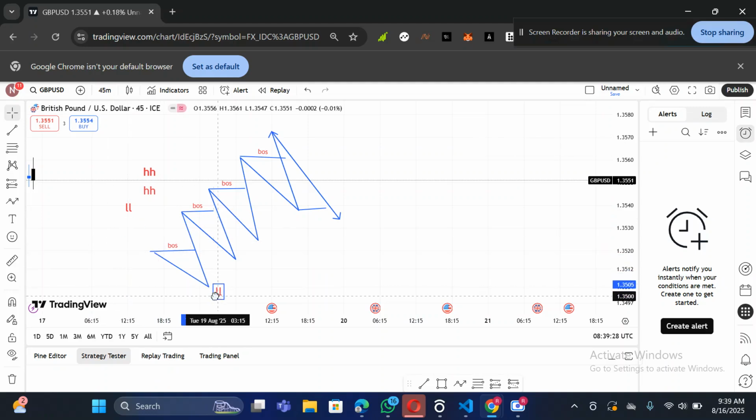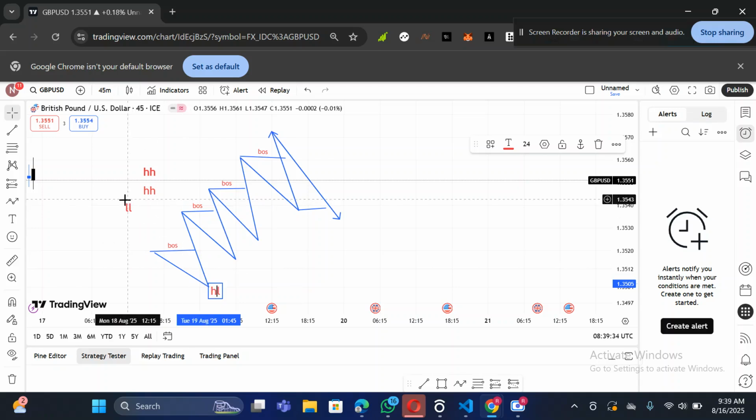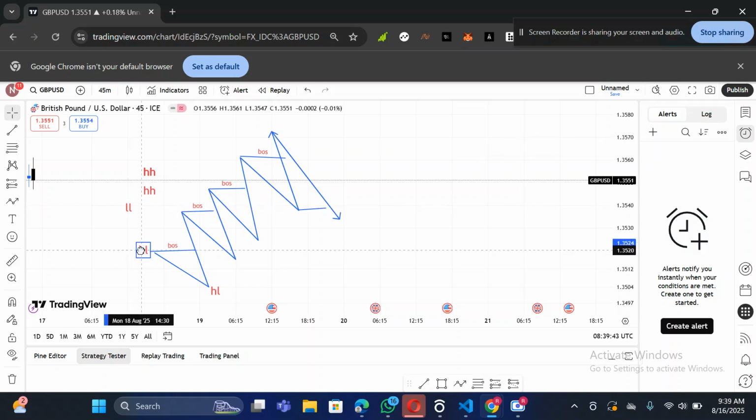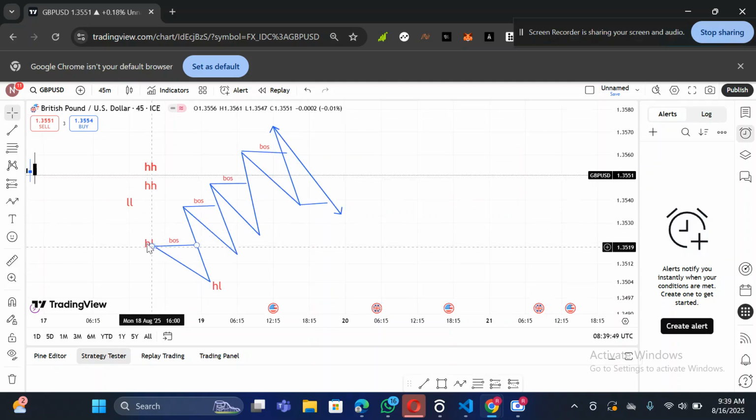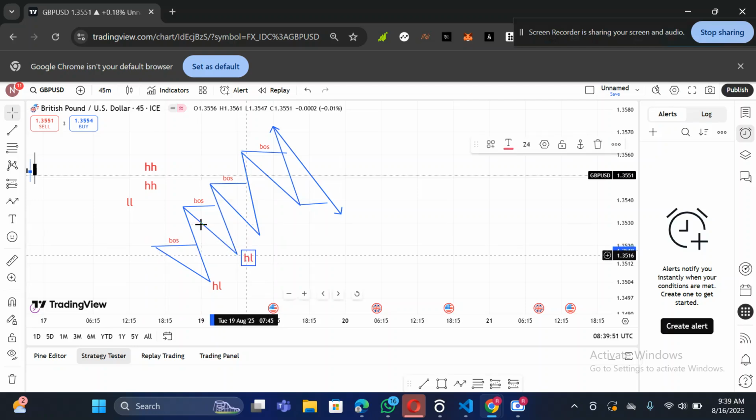Now this is a higher low. Let me just quickly remove this thing here. Higher low. This is going to be a higher low here. Let me remove it. Higher low.